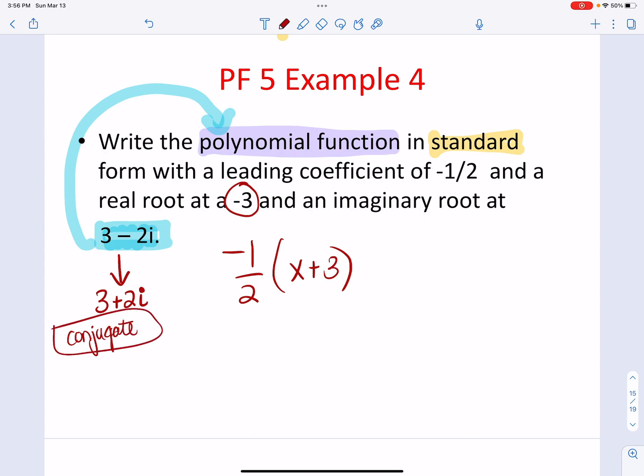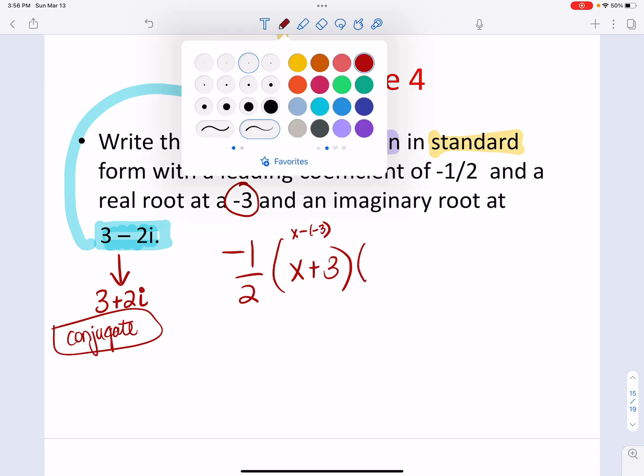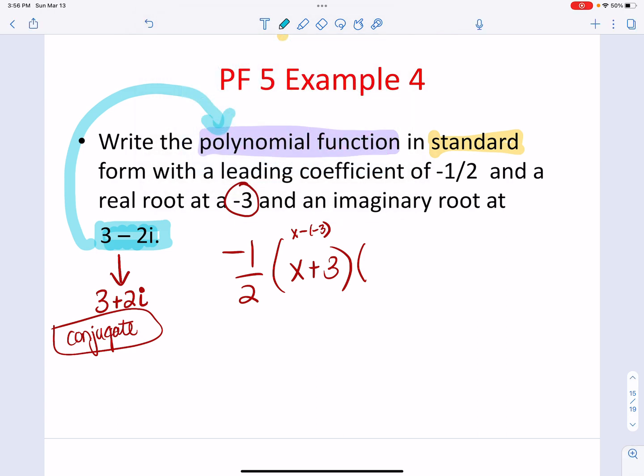When I did this parentheses, it was really x minus a -3, right? We do the opposite. So I'm going to do the same thing here, in blue. I'm going to do x minus 3 minus 2i, so when I put that inside the parentheses, it's going to be x minus 3 plus 2i.